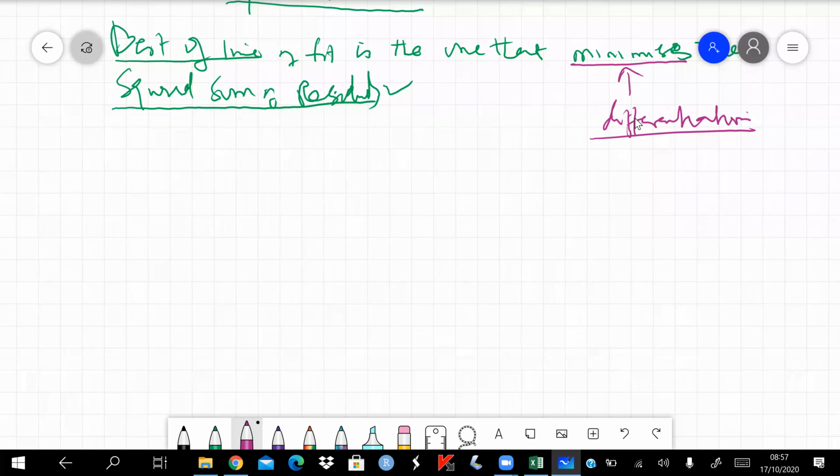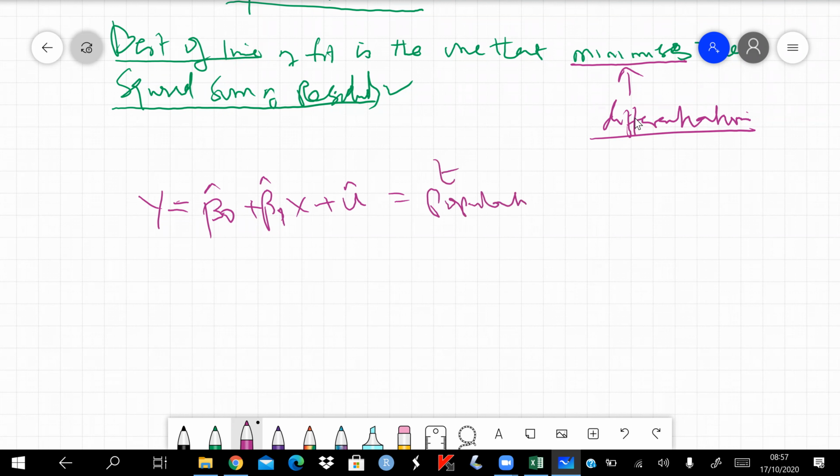The estimate of the population regression function can be written like this: y is equal to beta naught plus beta1 x plus the estimate of the error. This is an estimate, sorry, of the population regression function.